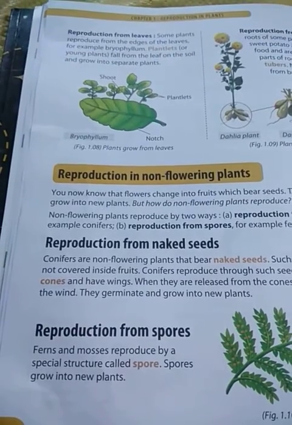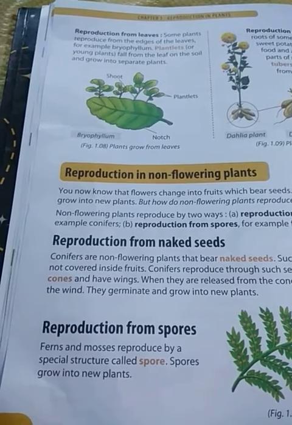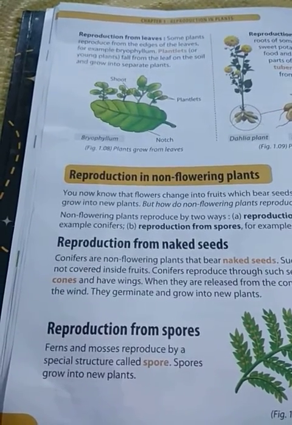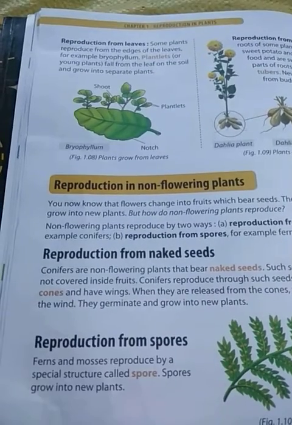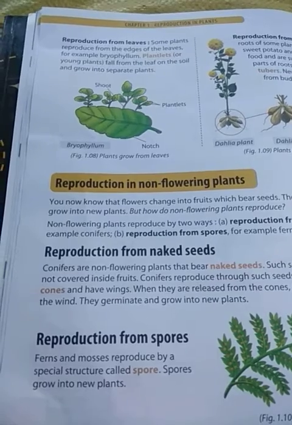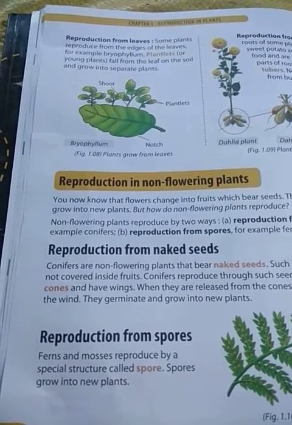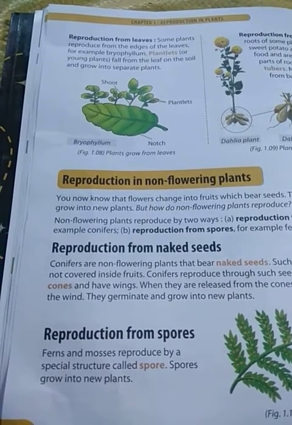Children, the leaves of some plants have the power of making new plants. Example, bryophyllum. When the leaves of bryophyllum fall down on the ground, these leaves form new plants.